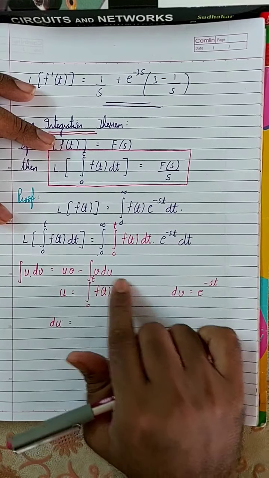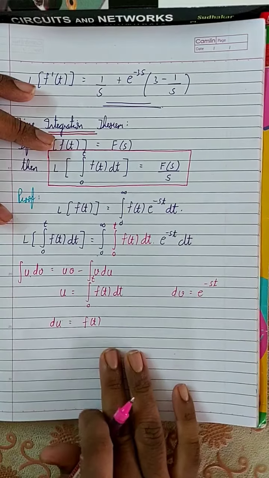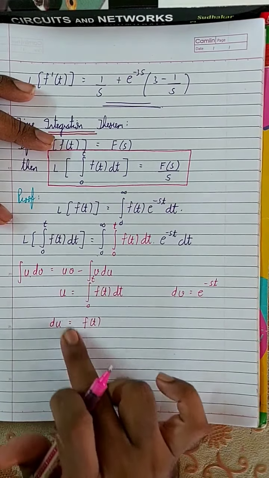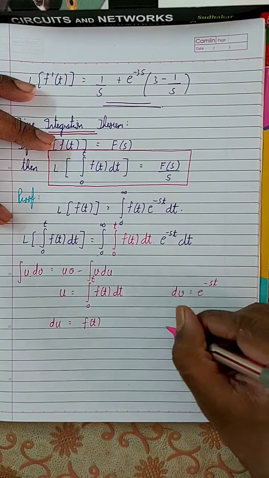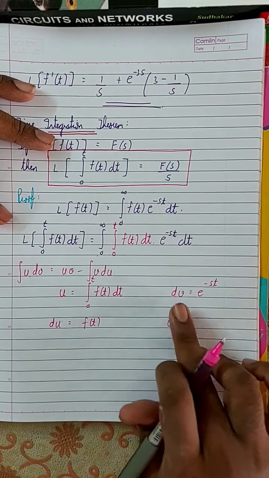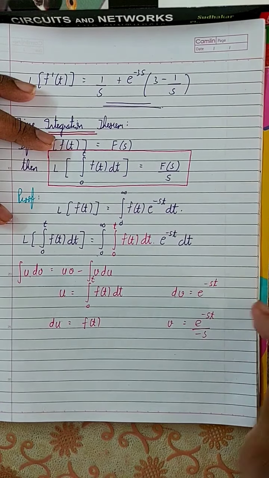A differentiation of an integral is that function itself, so you will get f of t, because differentiation and integration cancel each other. Now what about v? v is the integration of this, which is e raised to minus st by minus s. Now I will substitute all these values over here.